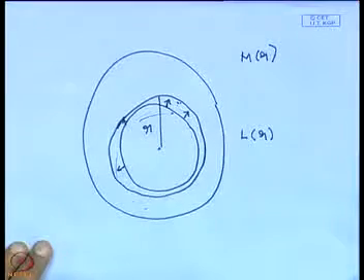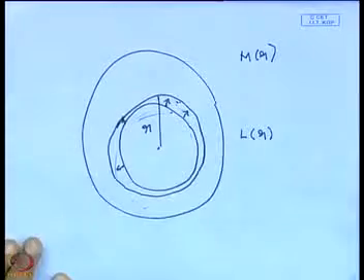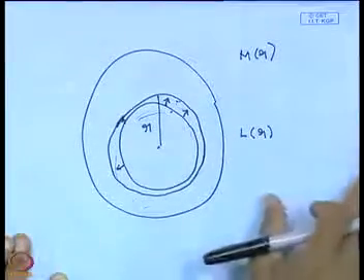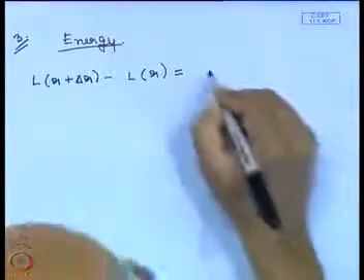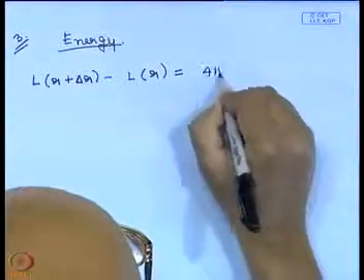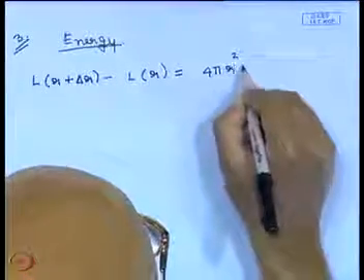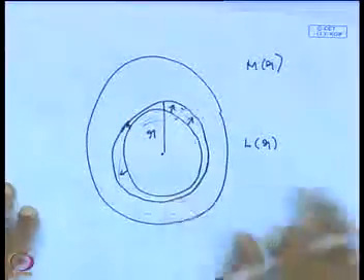Okay. And the energy that is generated in this shell we write as the volume of this shell, which is 4 pi r square into delta r, into the density, that will give you the mass inside this shell.